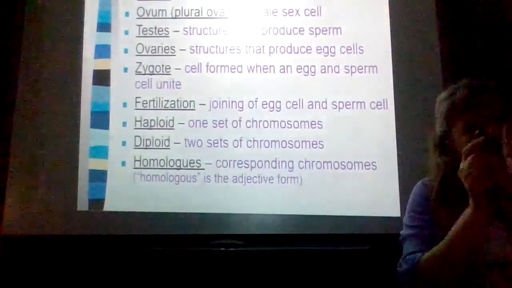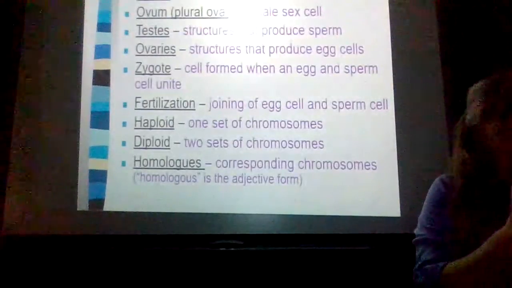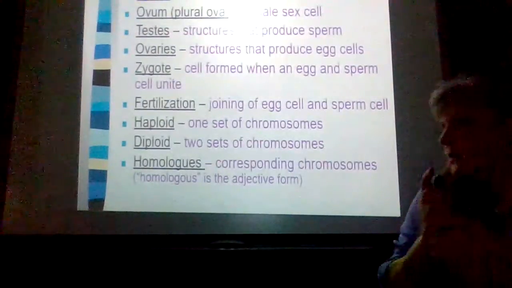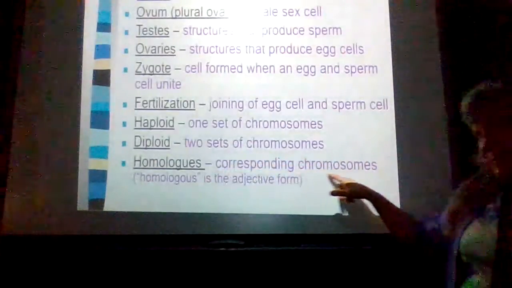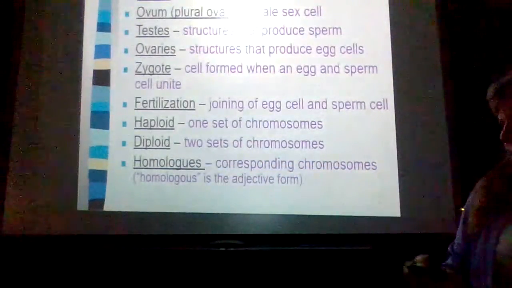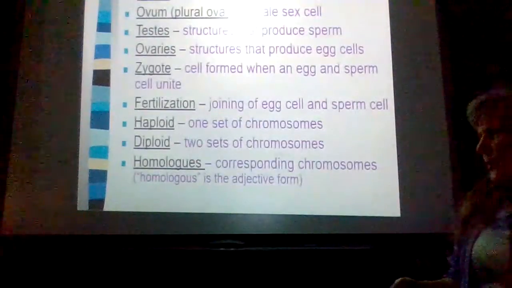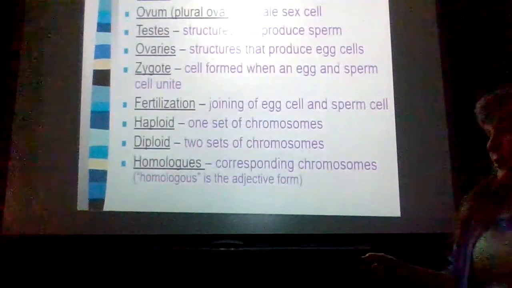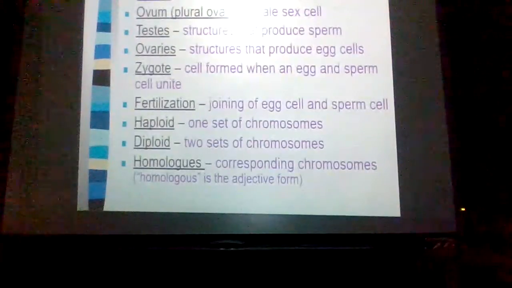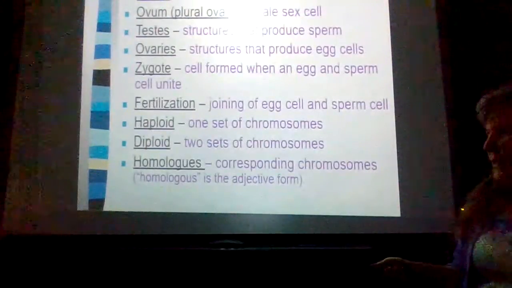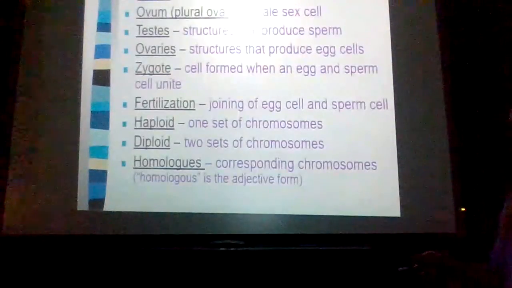Those 2 chromosomes code for the same trait, but they are not identical. So again, they're corresponding chromosomes, coding for the same thing, but not necessarily identical. And a lot of times you'll see this, I'll usually say homologous chromosomes. That's just what I've always called them. But homologs and homologous chromosomes are the same thing.